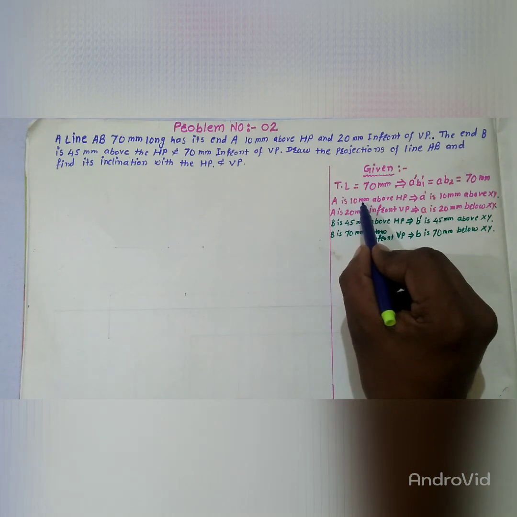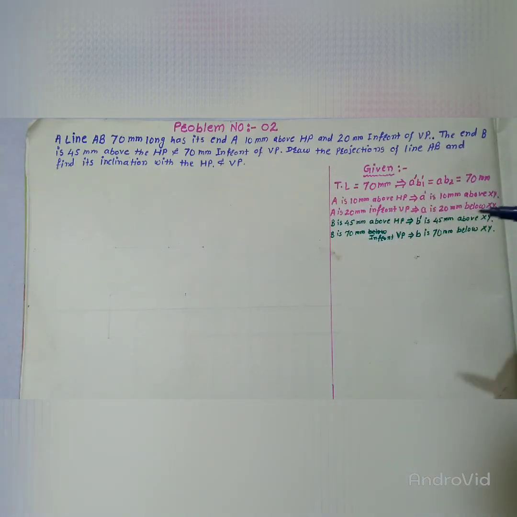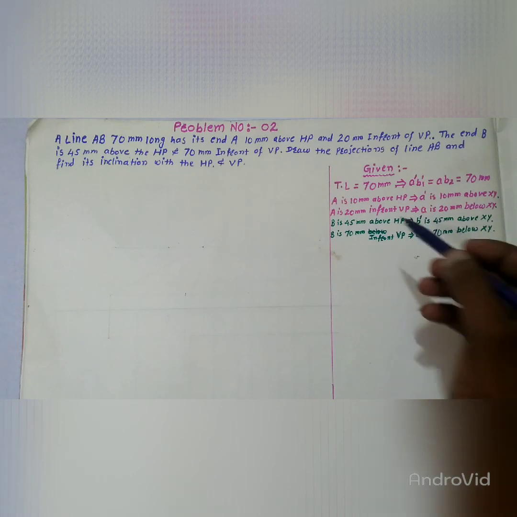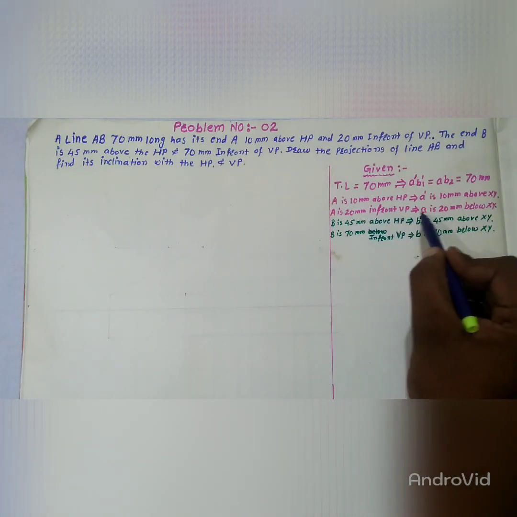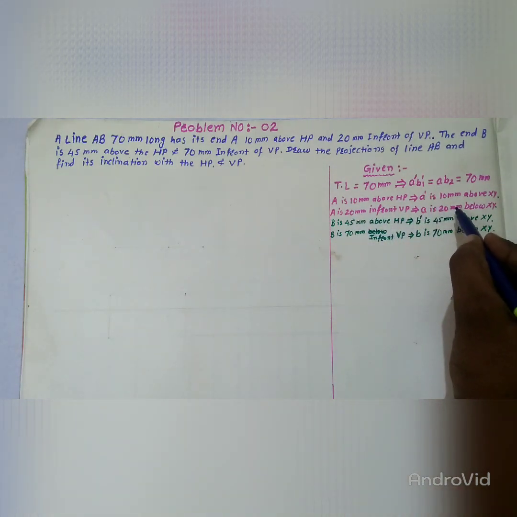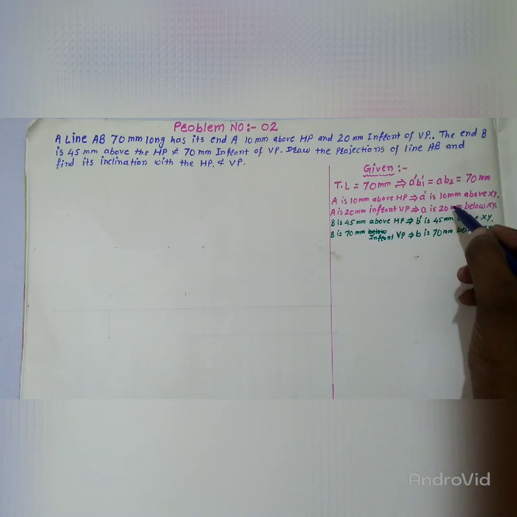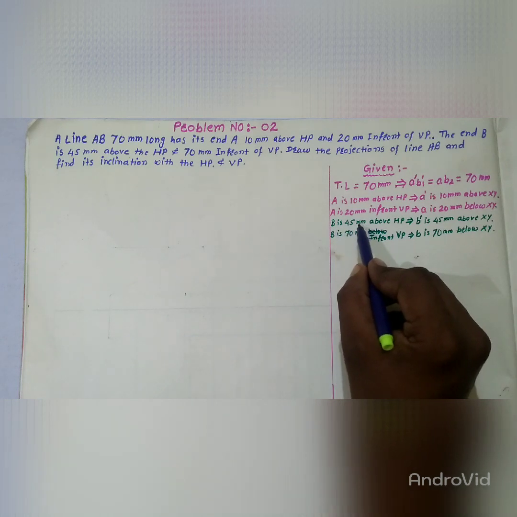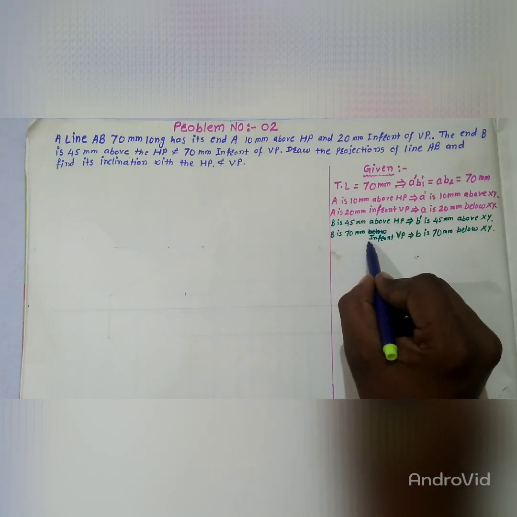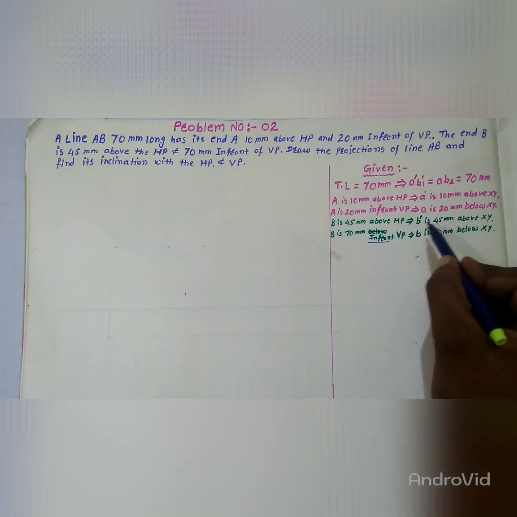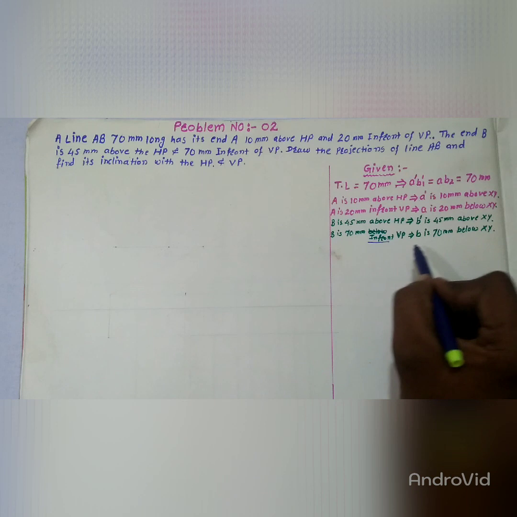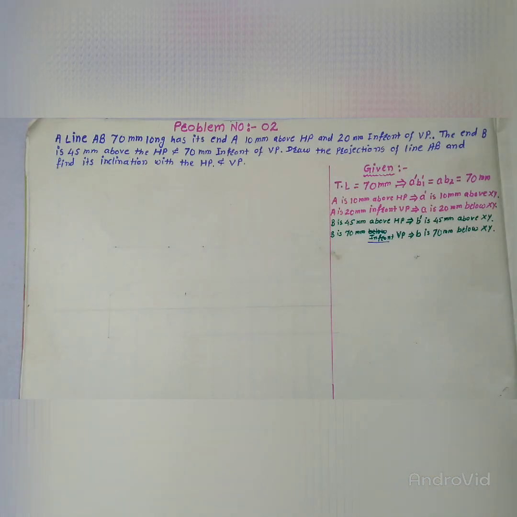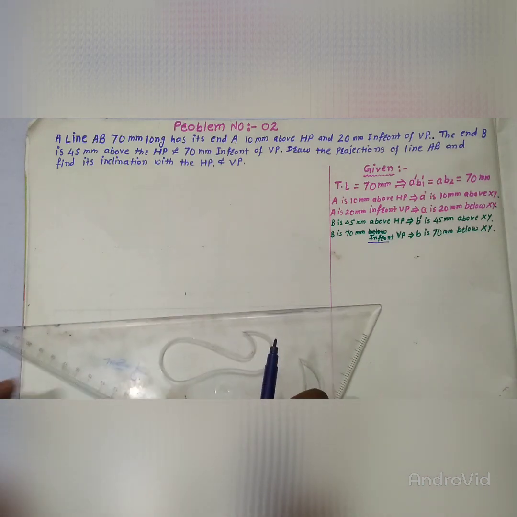So we have to draw this 10 mm above the XY line, and this 20 mm below the XY line. Similarly, the location of B is 45 mm above HP and 70 mm in front of VP. So this 45 mm we draw above the XY line, and this 70 mm below the XY line. So our problem starts.